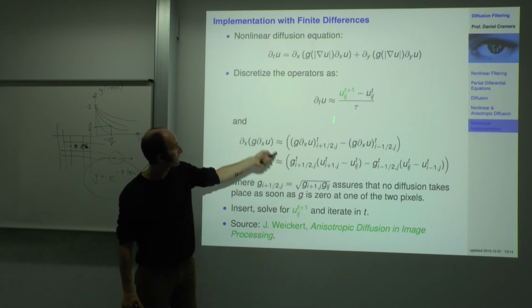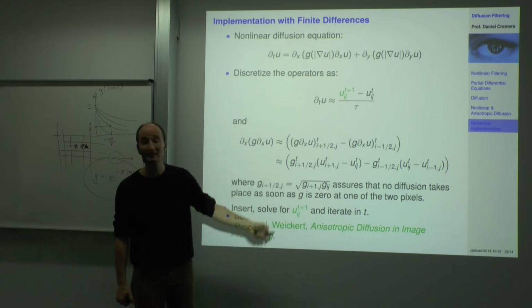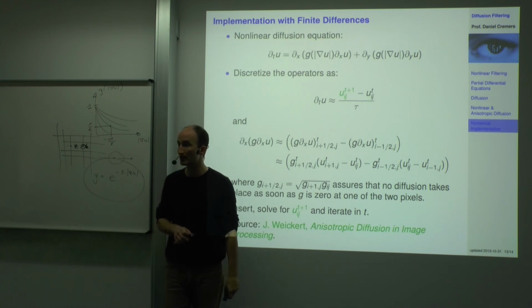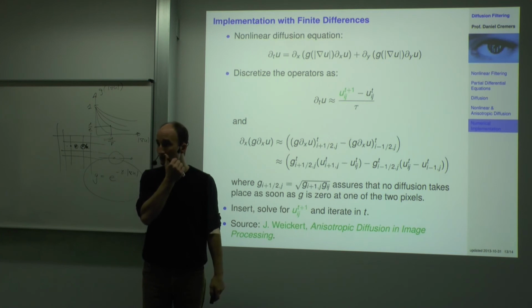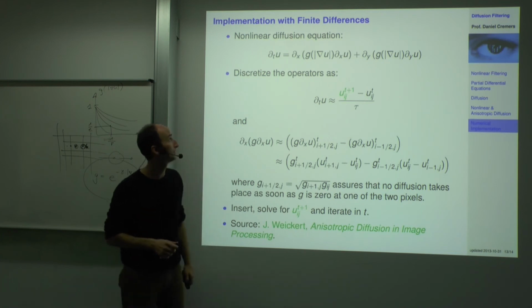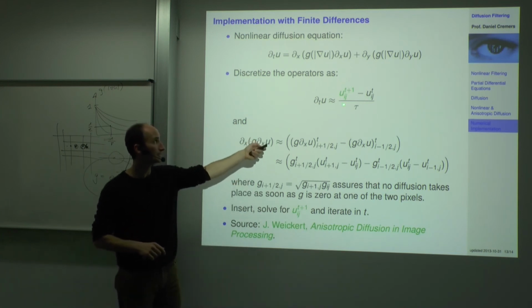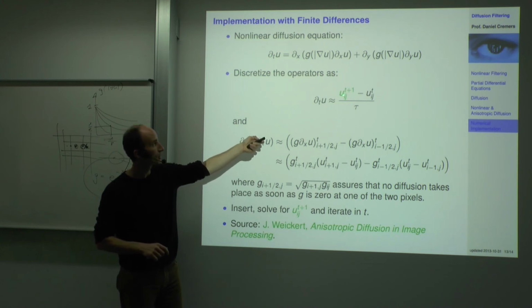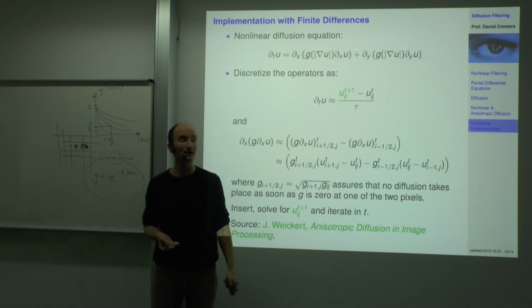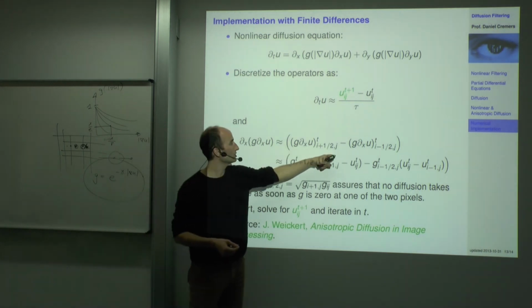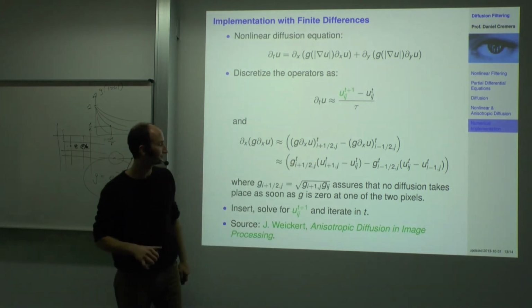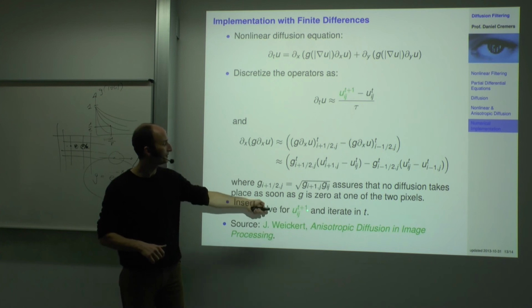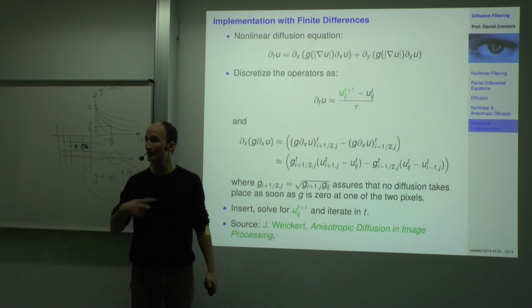And everything on the right hand side is evaluated at time t. This is called an Euler discretization. It's pretty much the simplest discretization that you can do for these time dependent processes. And it allows you to immediately read off what is the concentration U at pixel ij at the next time step, depending on the concentration of U at time t, at the last time step. And then you can solve that and just iterate in time.